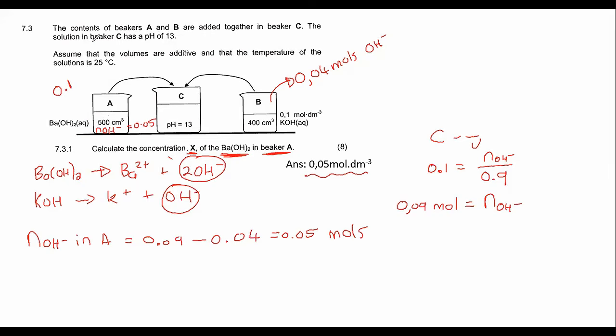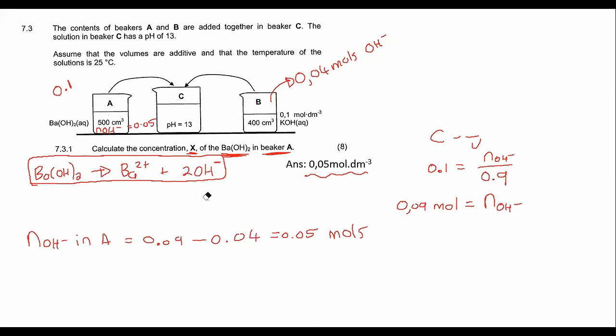Now look at this, guys. We know that the barium hydroxide in that container reacted like this. So what we've just done is we have now calculated the number of moles of OH minus in that container. So we can say that the ratio of moles of barium hydroxide to the number of moles of OH minus is 1 to 2.